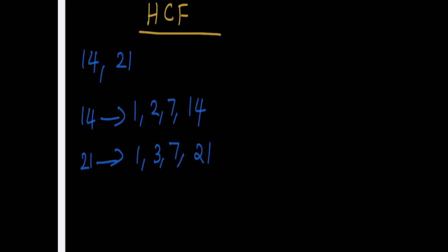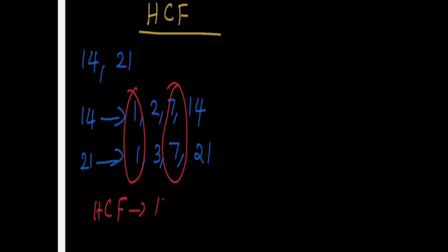And factors of 21 are 1, 3, 7 and 21. Among these, which are the common factors? 1 and 7. Among these, which is the highest one? 7. So the HCF of 14 and 21 is 7. This is the basic way.